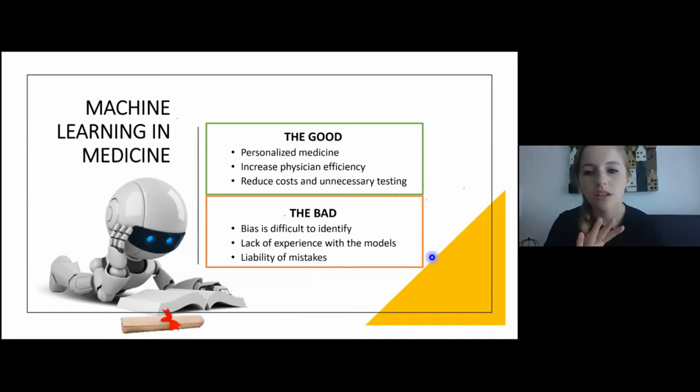However, machine learning in general has already been a pretty hot topic in medicine in recent years, given its ability to integrate huge amounts of data in ways that is well beyond human capabilities. Now, these techniques, when developed correctly and with strong data sets, have the ability to accomplish some really powerful goals, such as driving us towards more personalized medicine or increasing physician efficiency.